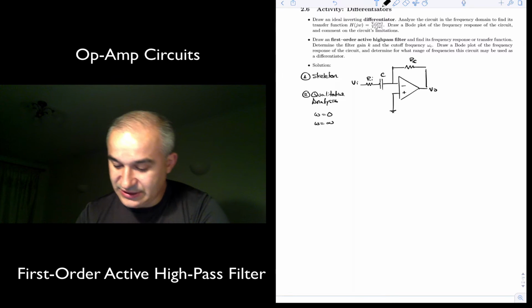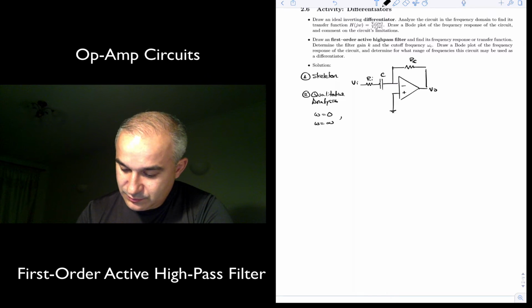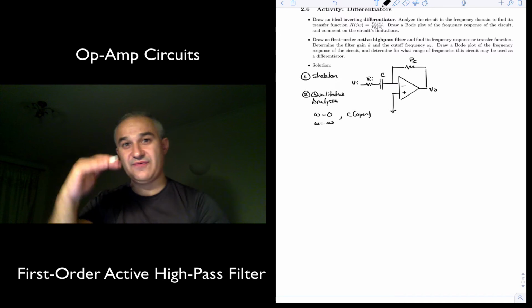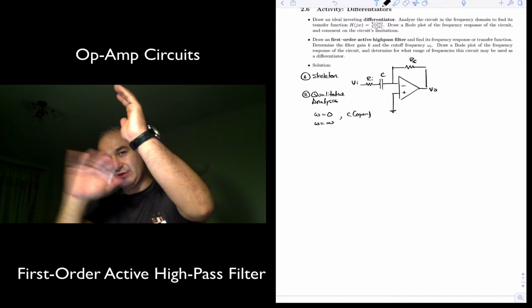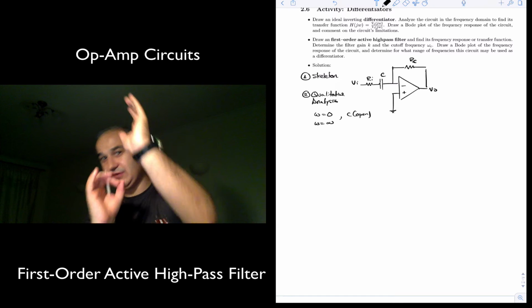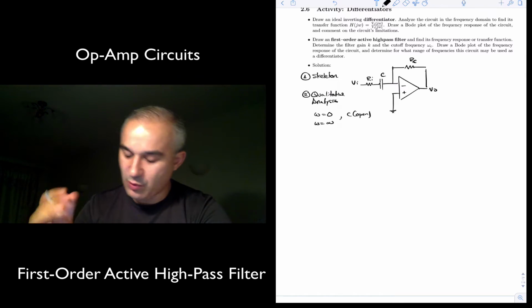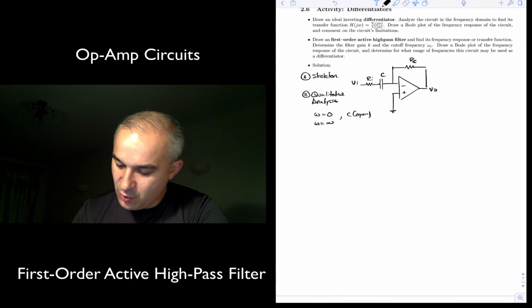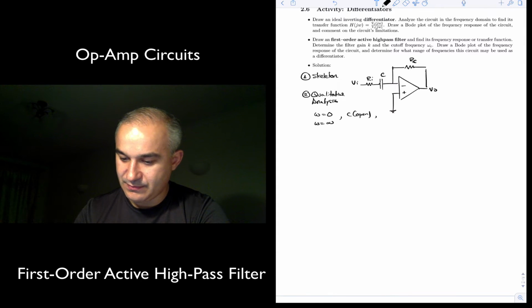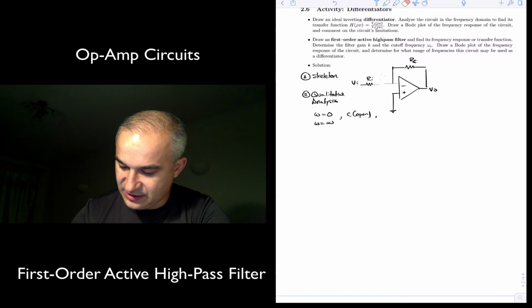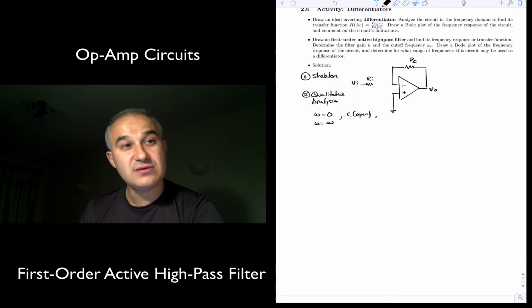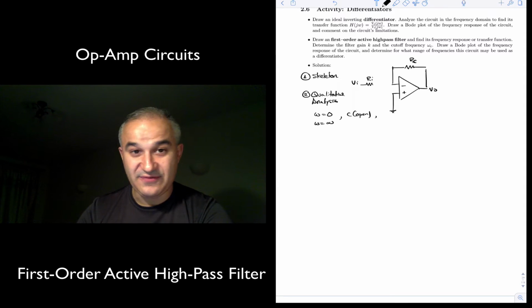At omega equals 0, the capacitor is open. Why is that? Because the impedance is 1 over j omega c, omega is 0, 1 over 0 tends to infinity. So if we have an open there, what happens to the output? Here we have this disconnected, and we still have that negative feedback.